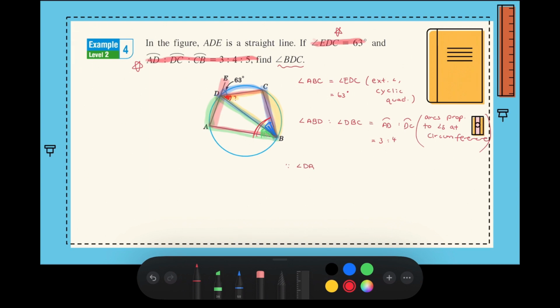But first of all, why do we want to find DBC? Because angle DBC to angle BDC equals the ratio of arc length DC to arc length CB. So in here again, we use the arc proportion to angles at circumference.